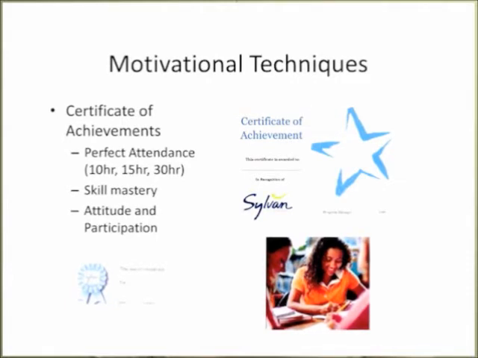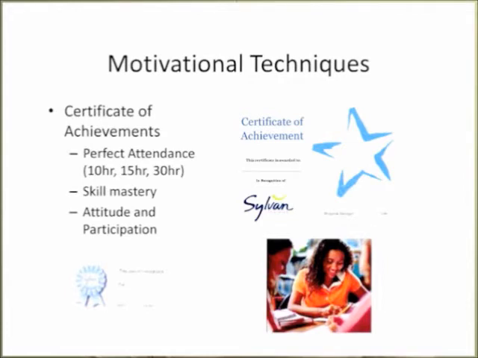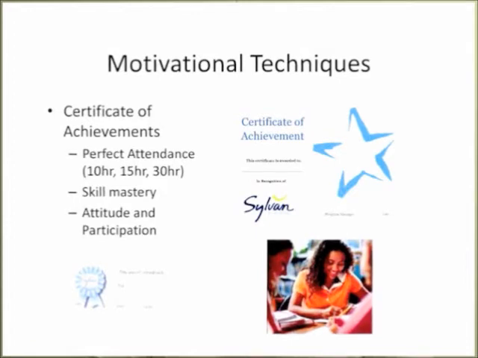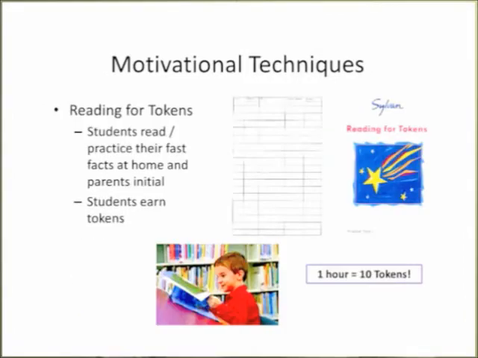If you decide to do a perfect attendance award, remember to record their tokens on their token tracking sheet. We use the certificates of achievement as well to highlight small milestones for the students, such as memorizing 5 vocabulary words, or being a great team player, assisting other students, etc. Be creative, but remember, recognizing students goes a long way.